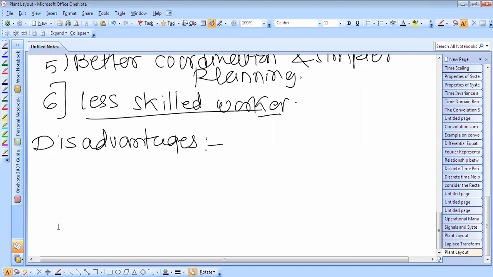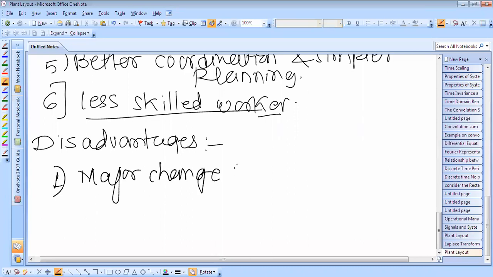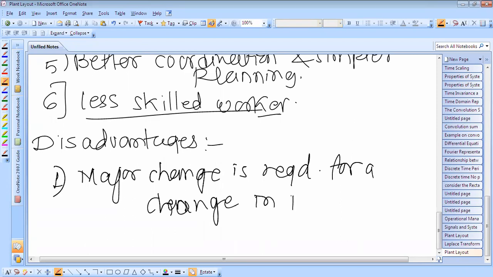That is the disadvantage of this plant layout. Major change is required for a change in product.